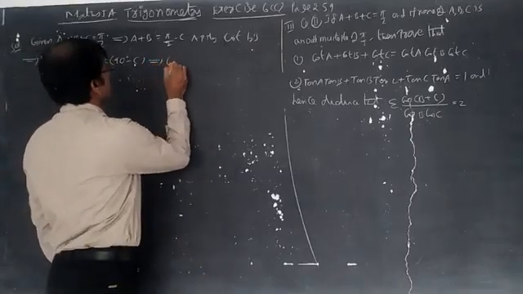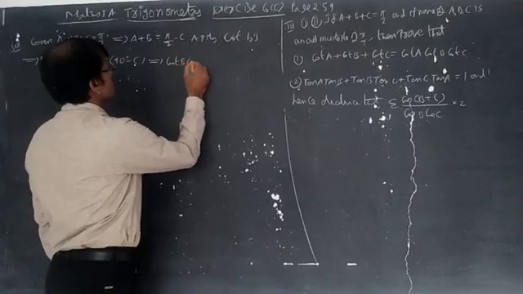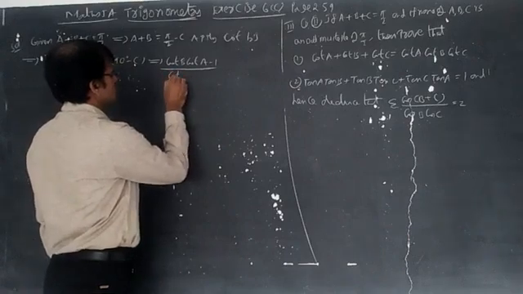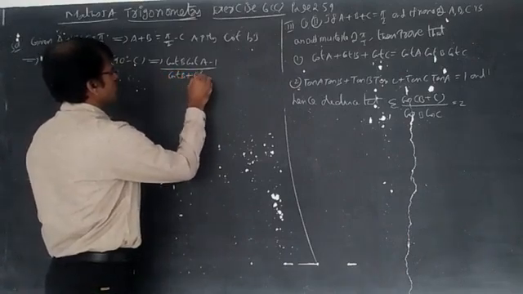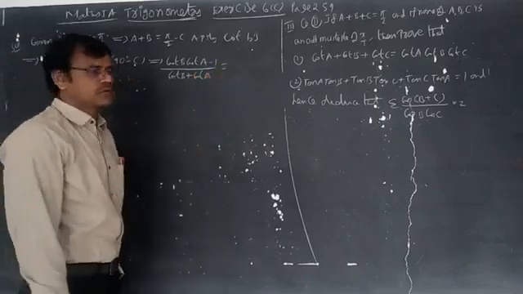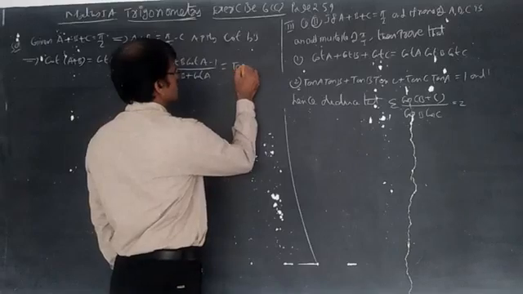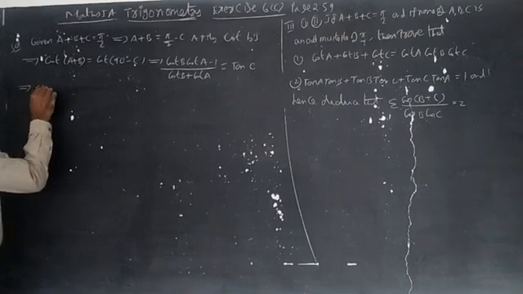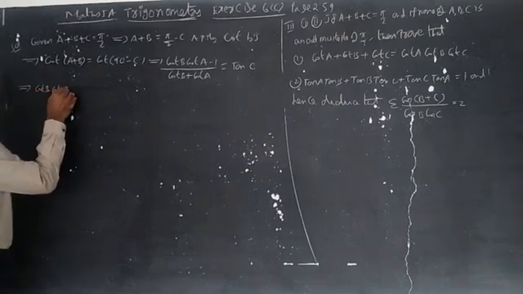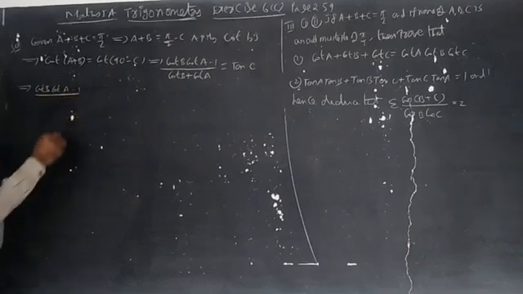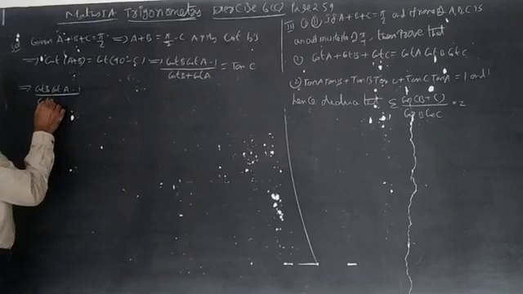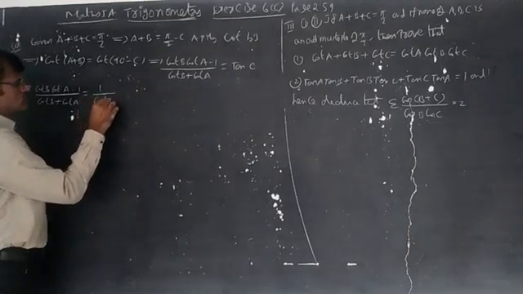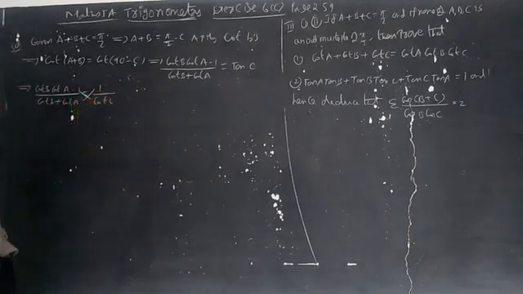That implies cot of A plus B, formula: cot B cot A minus 1 by cot B plus cot A, is equal to cot 90 minus C, which becomes tan C. That implies, write the formula cot B cot A minus 1 whole by cot B plus cot A is equal to 1 by cot C. Take cross multiplication.